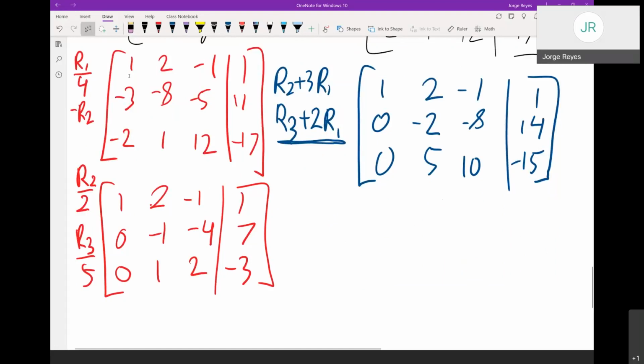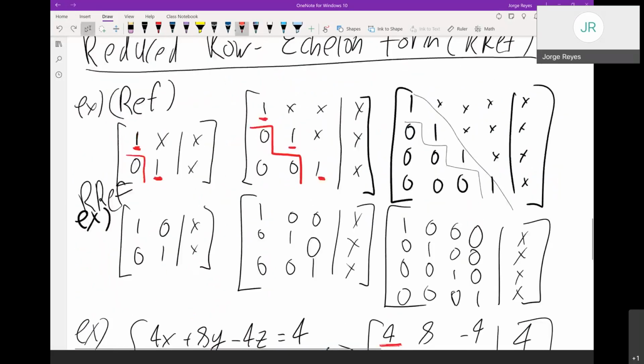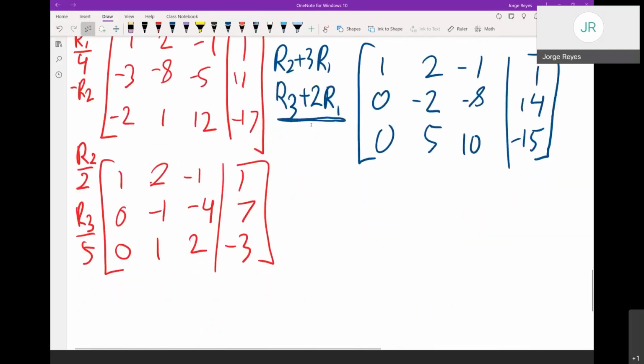And then technically my next mission should be to make this negative a +1. I don't want a -1, but that's an easy fix. Instead, what I'm going to do is row 3 plus row 2, because this cancels really easily. And then I'm going to flip row 2's sign.